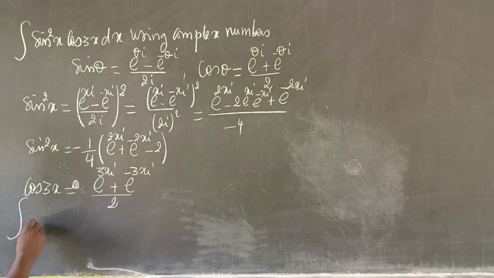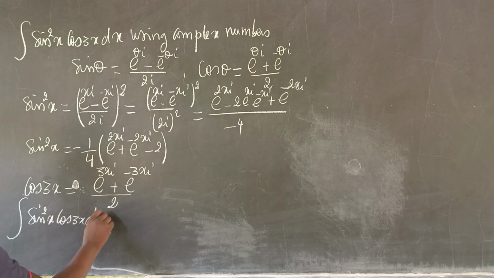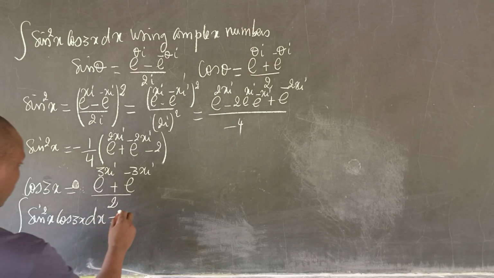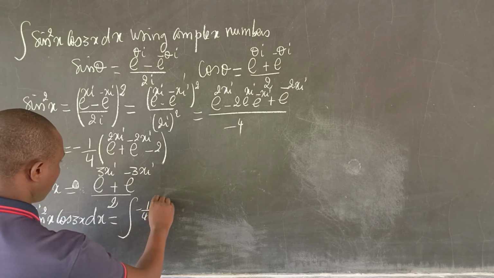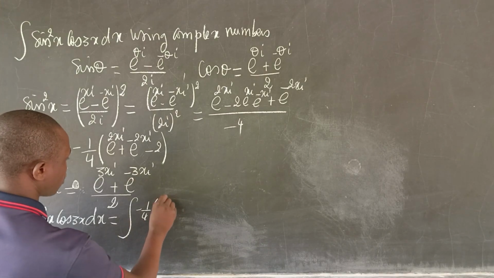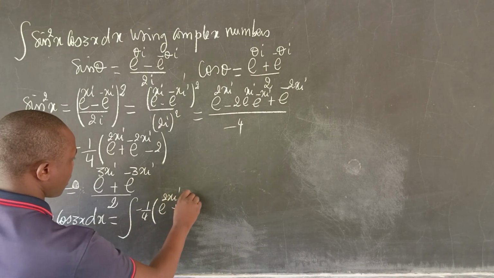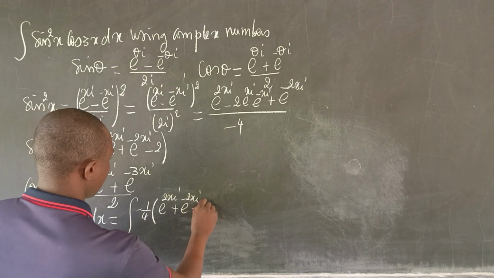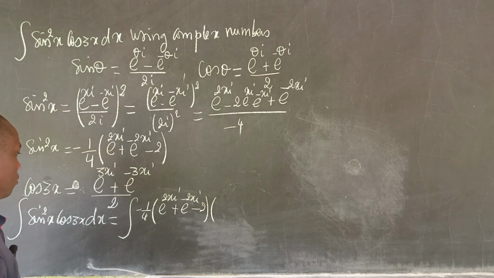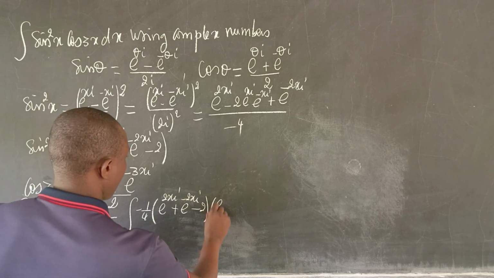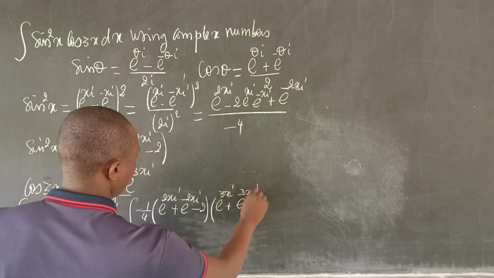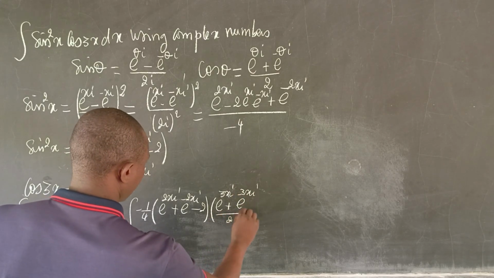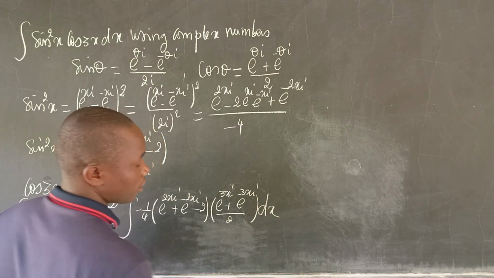So an integral of sine square x cosine 3x dx is equal to the integral of, let's use this, minus 1 over 4 times exponential of 2xi plus exponential of minus 2xi minus 2 times exponential of 3xi plus exponential of negative 3xi over 2, then dx.